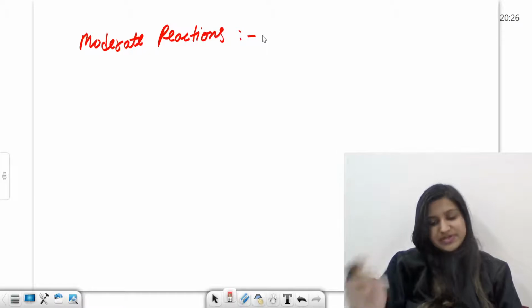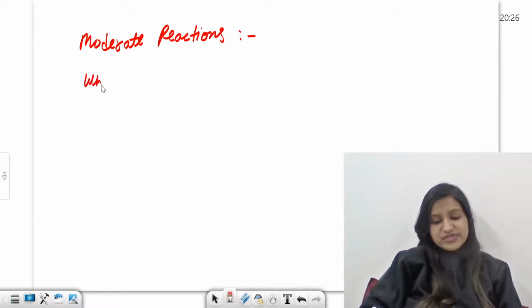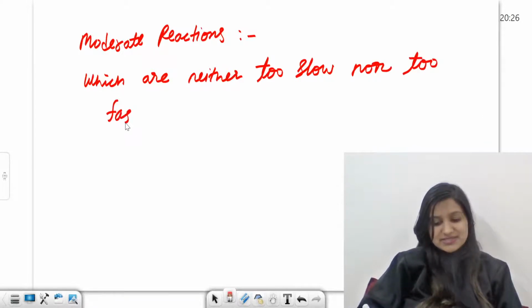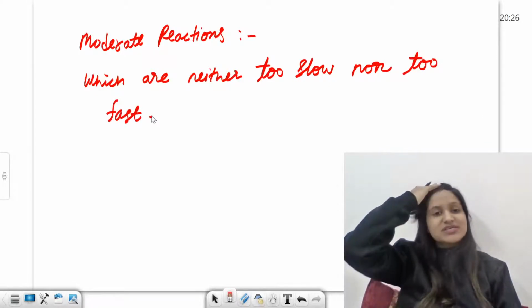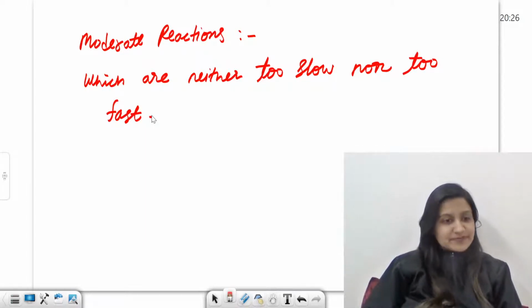Moderate reactions are those which are neither too slow nor too fast. So these are the moderate speed reactions.